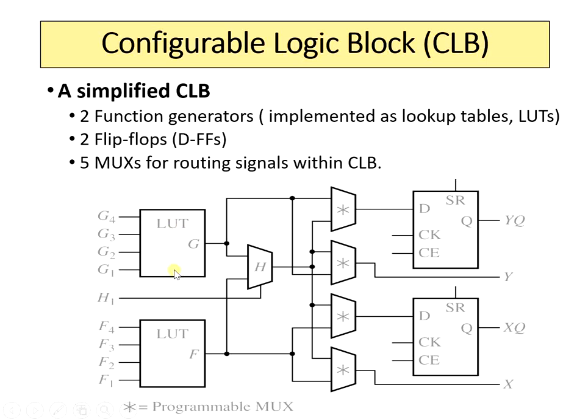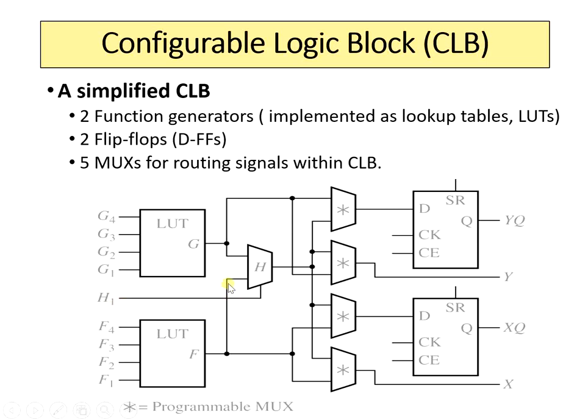So this ROM stores the truth table for the function being generated. The H multiplexer selects either F or G depending upon the value of H1.